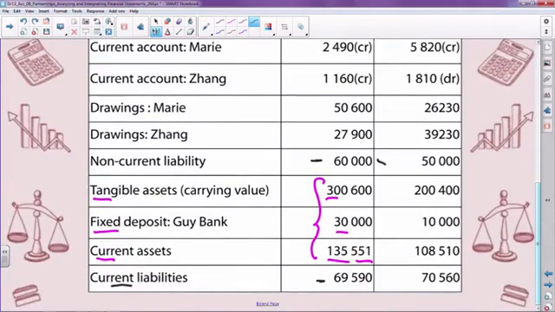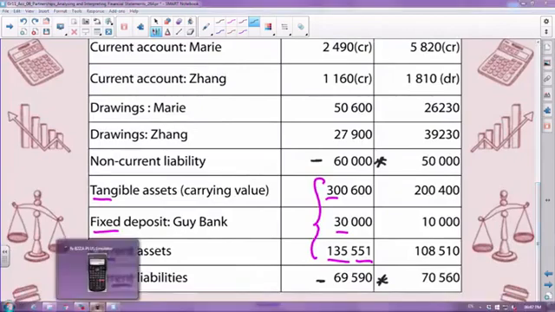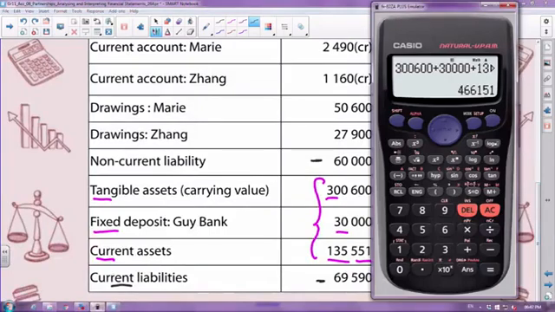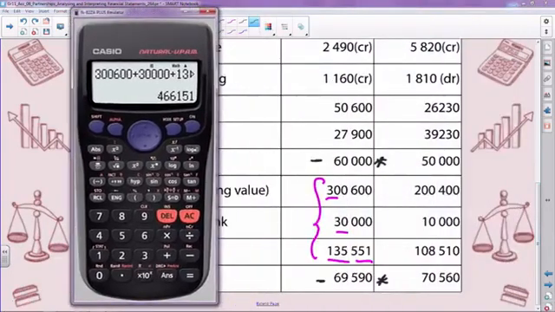So if I add the two amounts, that then gives me my total liabilities. So let's get the calculator out again. Okay, so I've got an amount of 60,000 plus 69,590, and that gives me a total of 129,590.